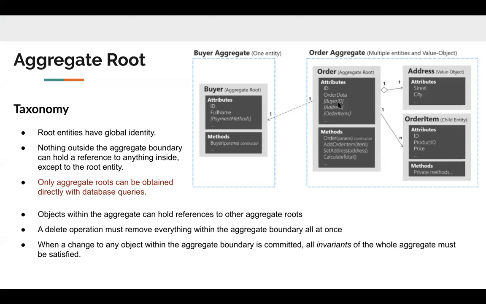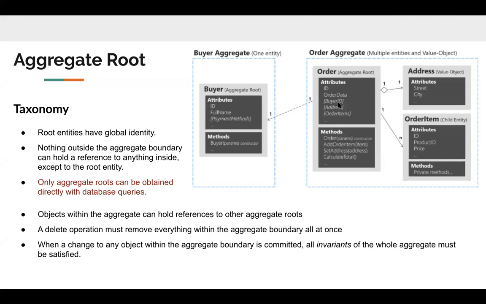And one of the reasons for that is the life cycle. An aggregate should share a life cycle. In other words, an order item can't exist without its order. Now, an order could have no items, but that's just an aggregate that has an empty order items collection.